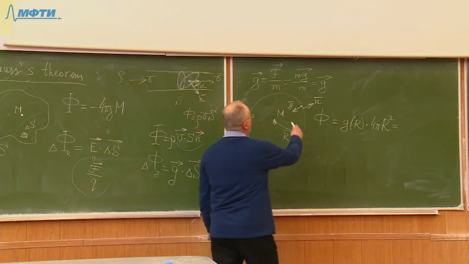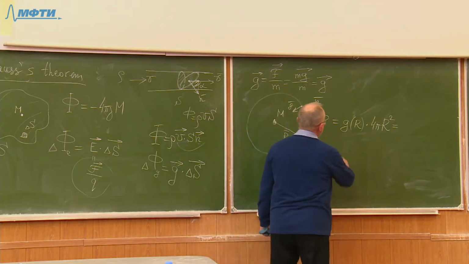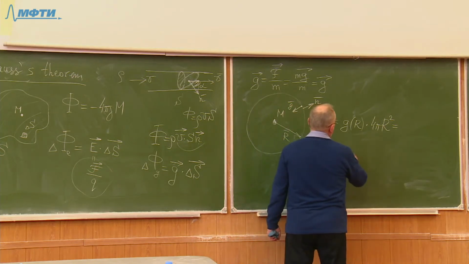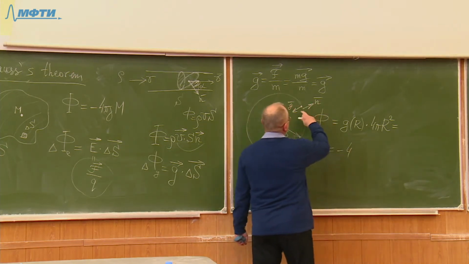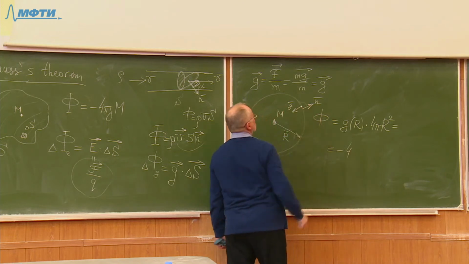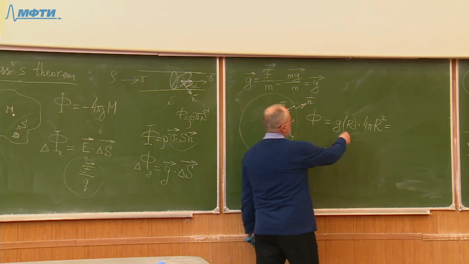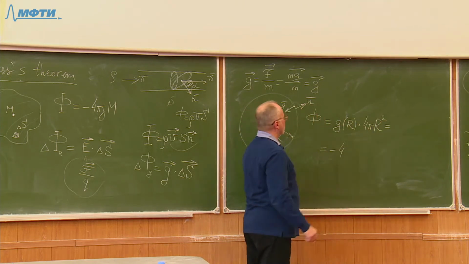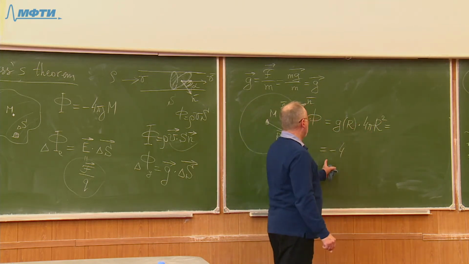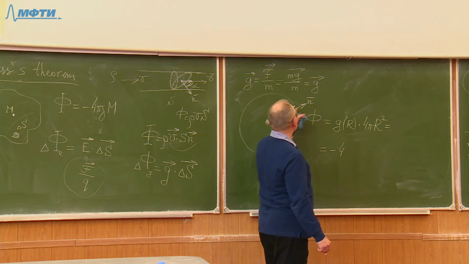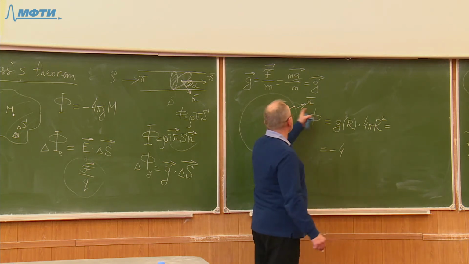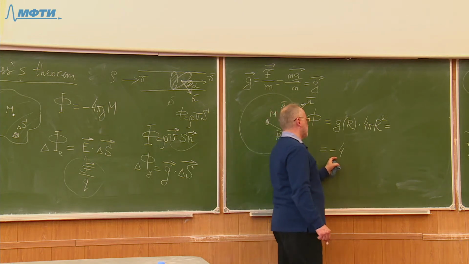So the scalar product of these two vectors will be negative. I immediately take into account the angle between these two vectors, which is 180 degrees. So I don't write vectors here. I use the scalar notation, but I immediately take into account the direction of these two vectors. As they are oppositely directed, the scalar product between them will be negative.